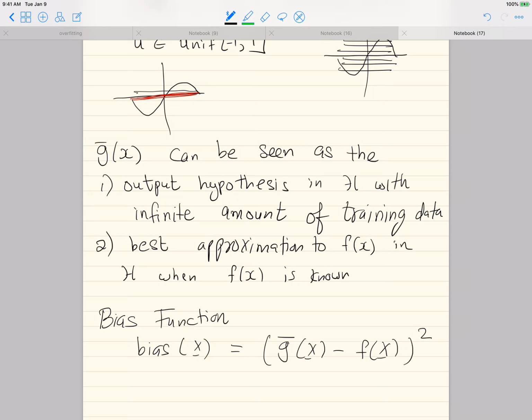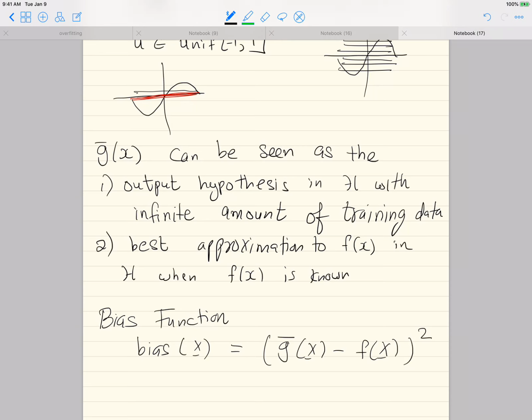Okay. So intuitively, if you look at this particular definition of g bar, it is a difference between the ground truth and the best approximation you can have for the ground truth in our hypothesis class if we had infinite amount of training data. So this is something that cannot be avoided.